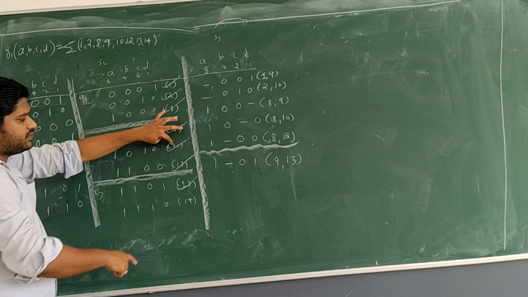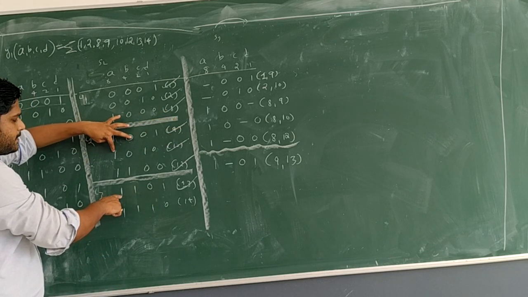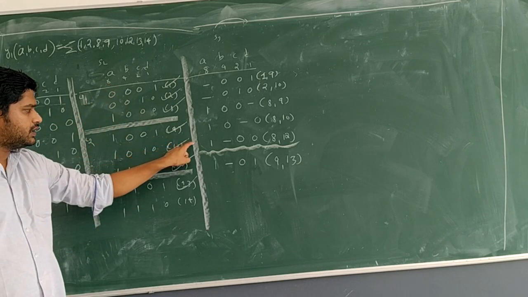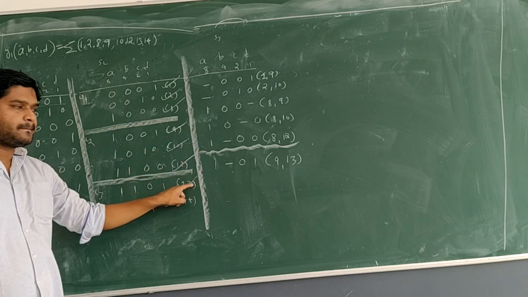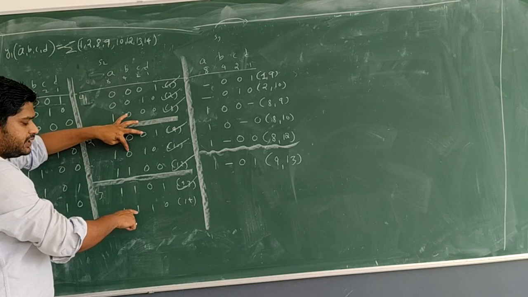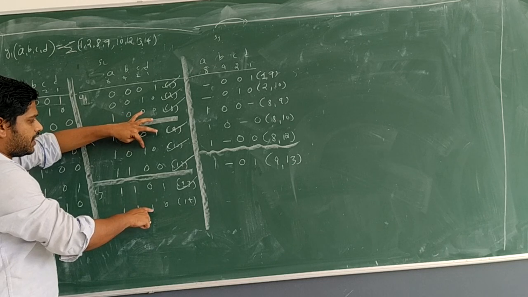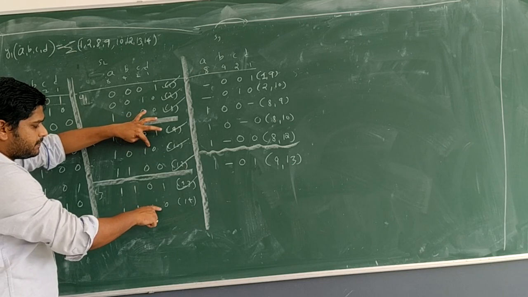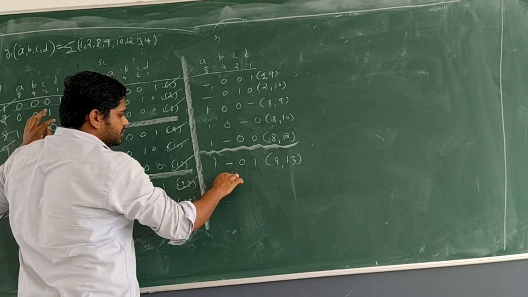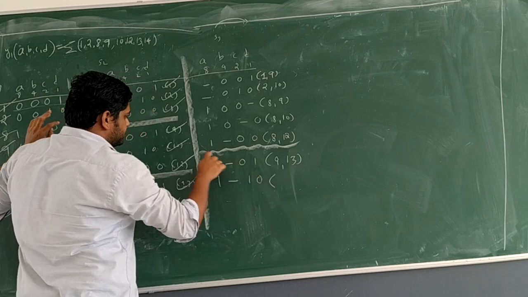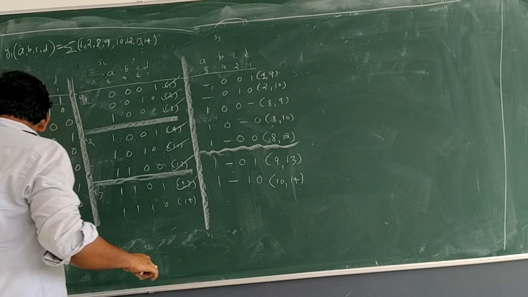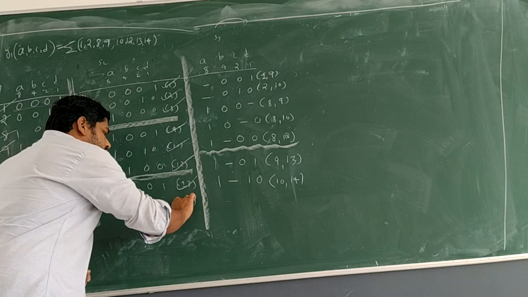Let us check 10 with 13: A same, B different, C different. So 2 differences, neglect. Let us check 10 and 14: A same, B different, so 1 hyphen, C same, D same, 1, hyphen, 1, 0. The group is 10 and 14. Put a pass mark for 14.